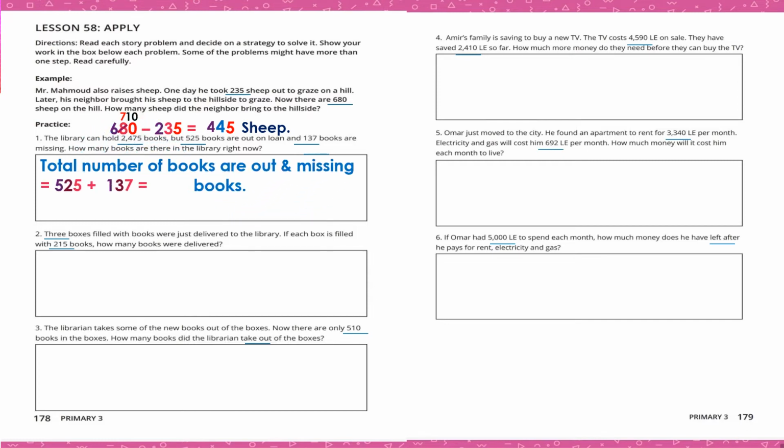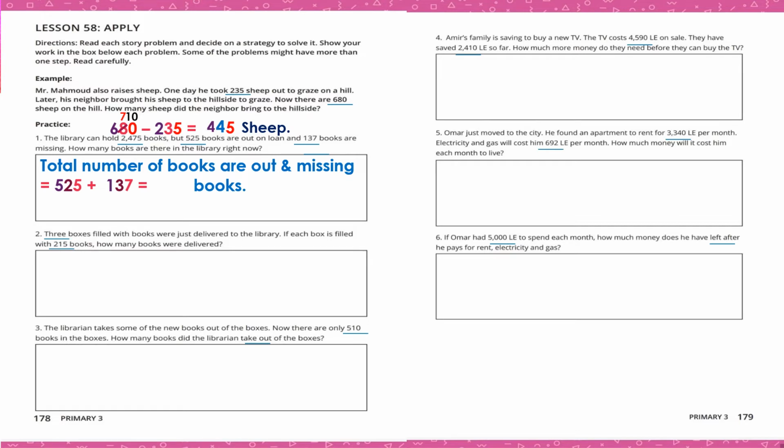So, the total number of books that are out and missing. Total means plus. So, we will take the number of books that are out, 525, plus 137 missing, to calculate the total number of missing books.